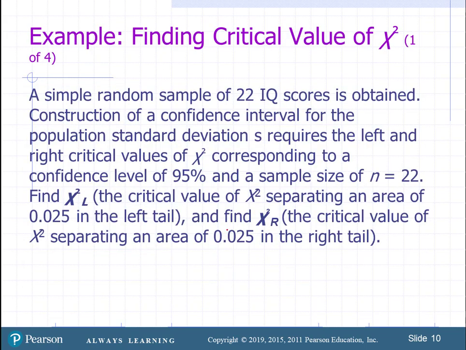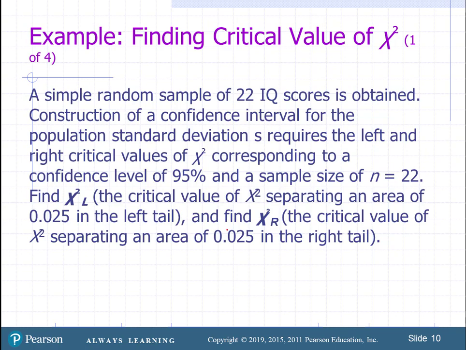So we're going to use an example that's in your textbook, example 1 on page 334. We have a simple random sample of 22 IQ scores, and we want to construct a confidence interval for their population standard deviation at the 95% confidence level.